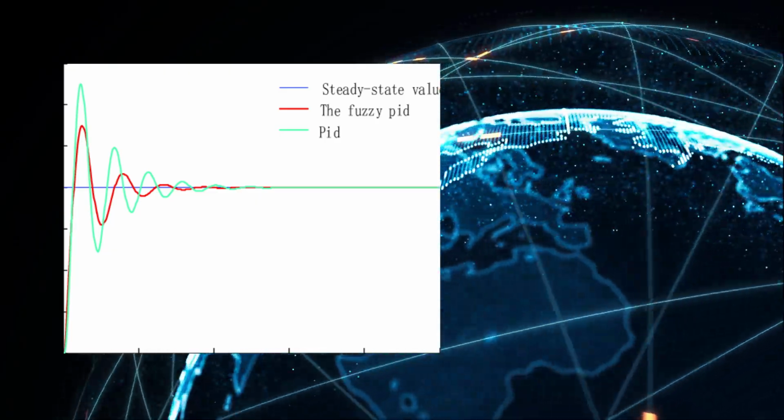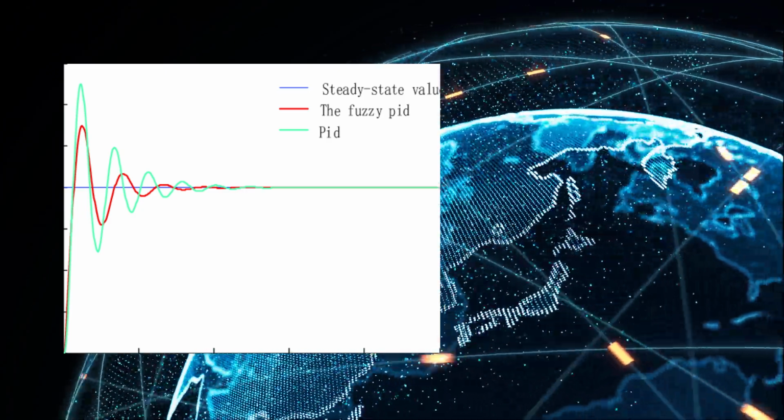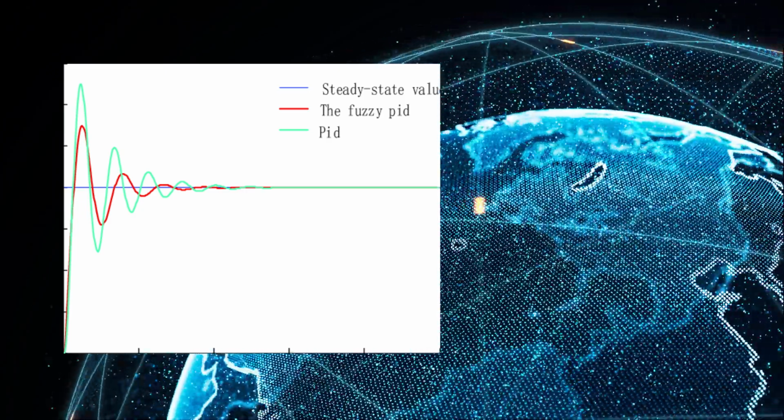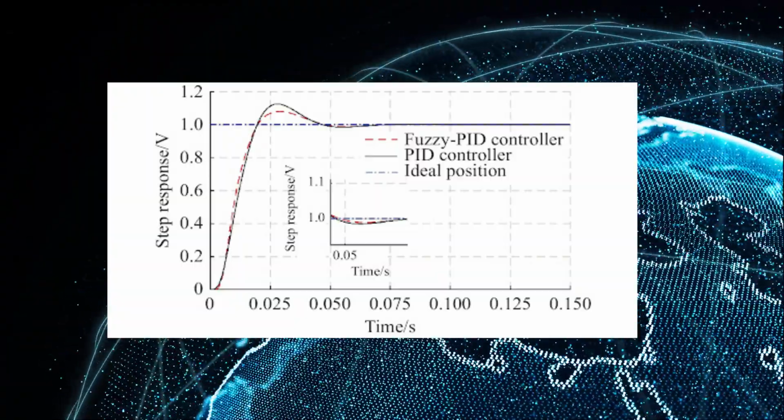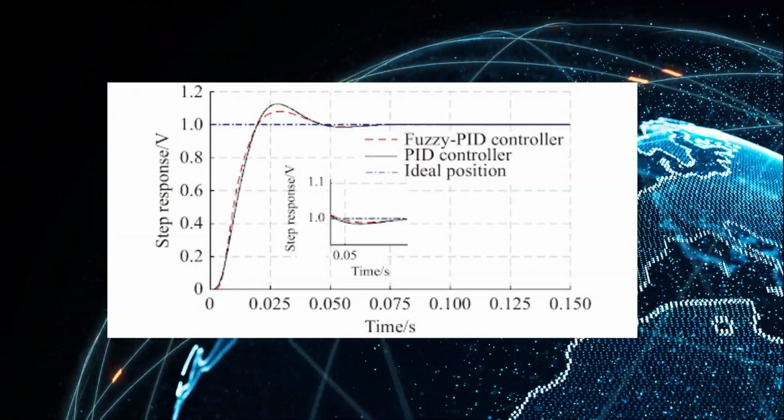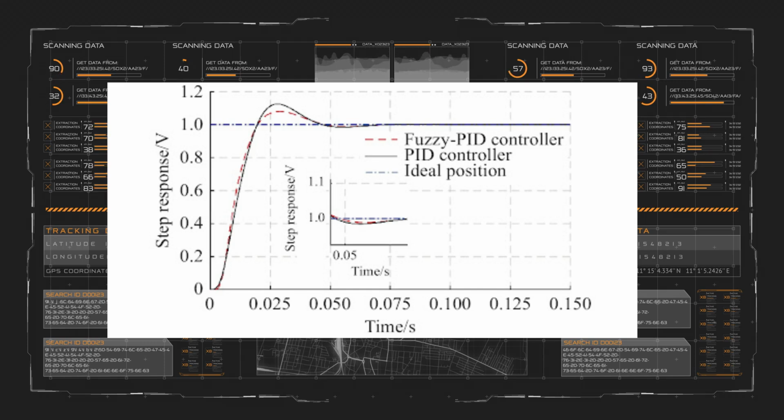Fuzzy PID controllers overcome this limitation by using a set of rules that interpret input data, such as error and rate of change of error, to adjust the control effort. This results in improved responsiveness and reduced overshoot, especially when dealing with disturbances like solar radiation pressure and sudden momentum changes.